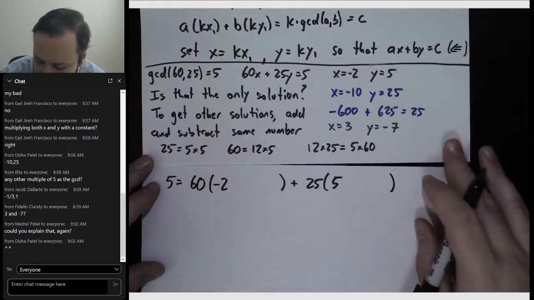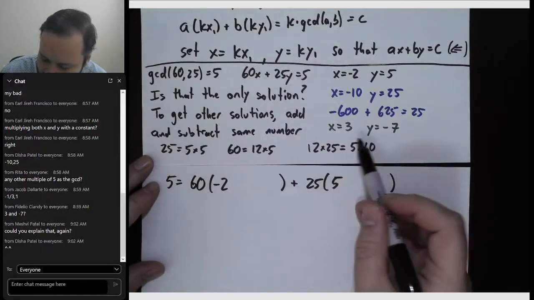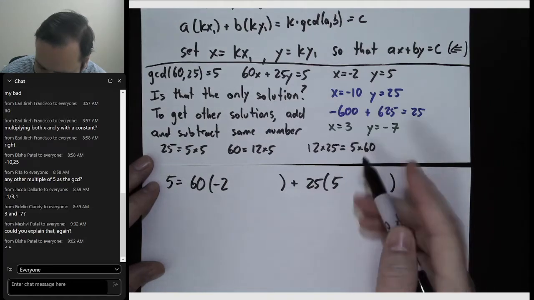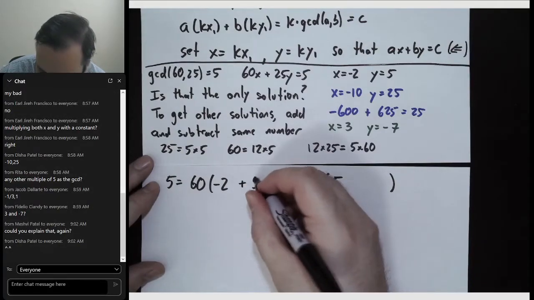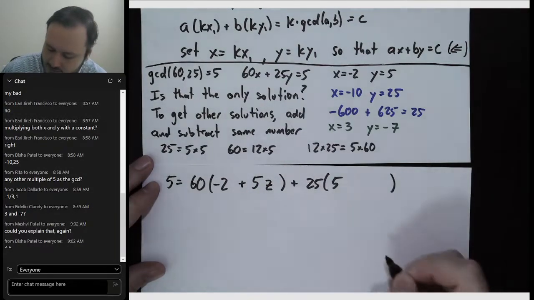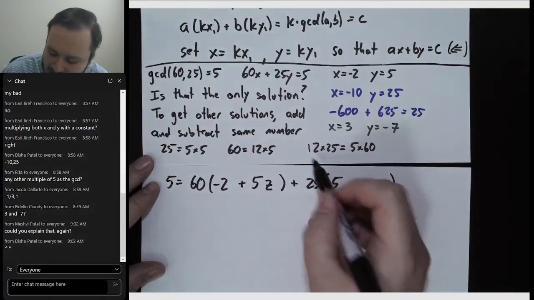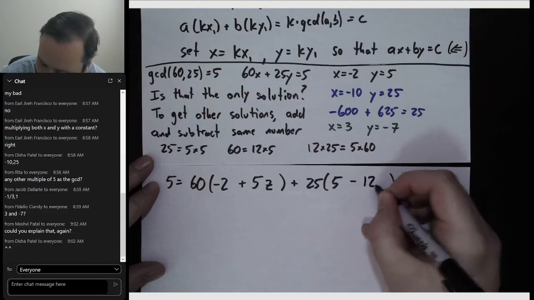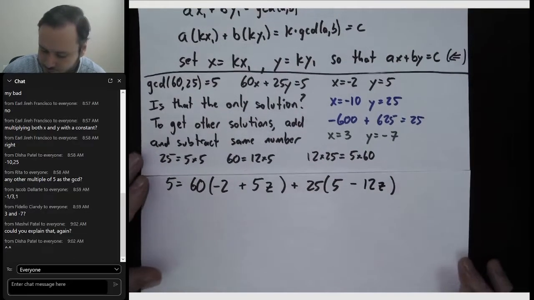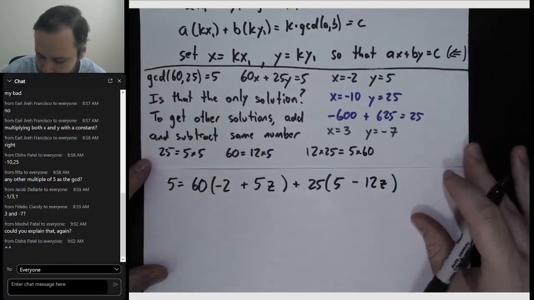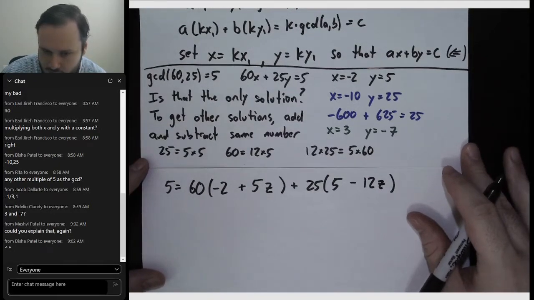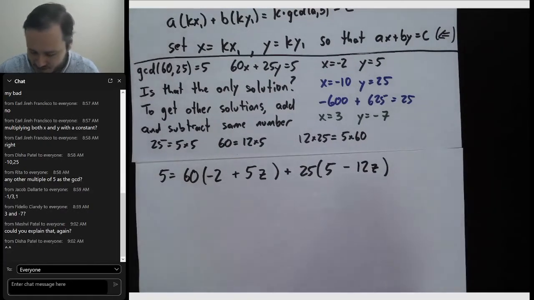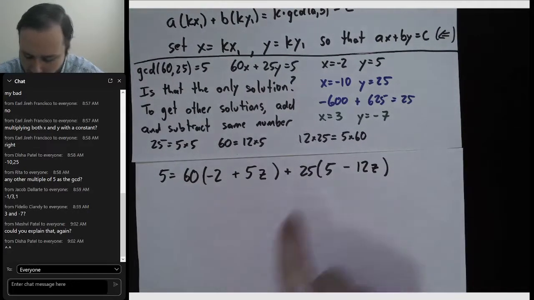But now, for every 5 copies of 60 that I add, I'm going to subtract 12 copies of 25. Again, I'm going to go back in 1 second, but let me just show you why this works.